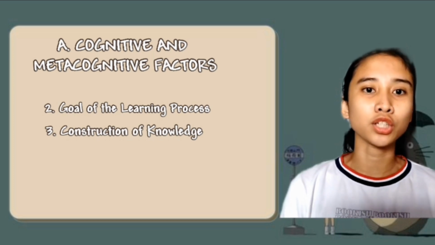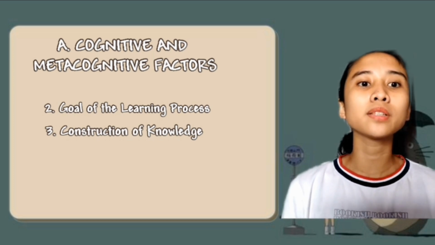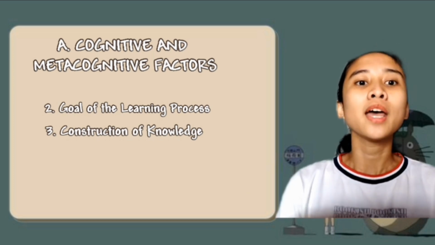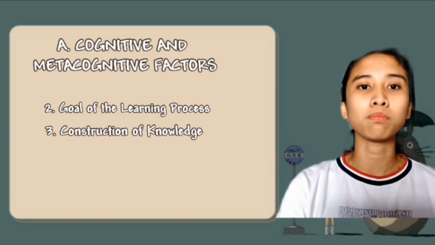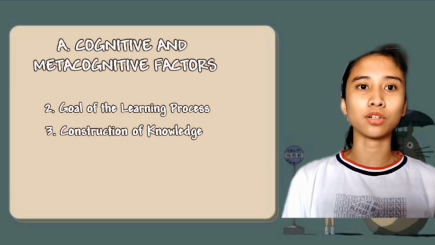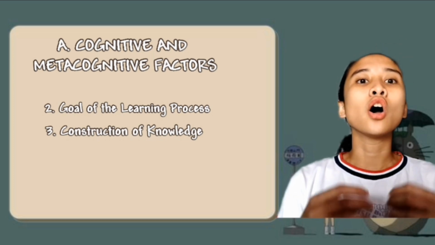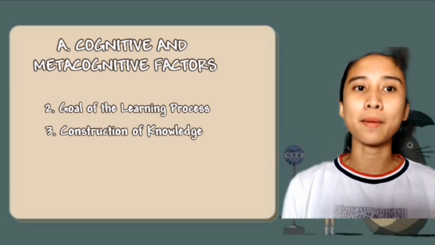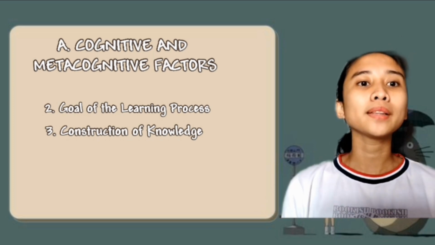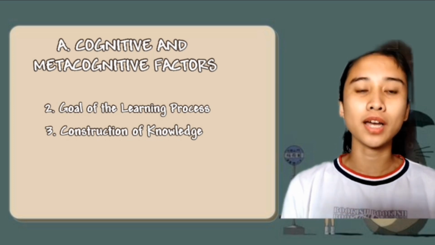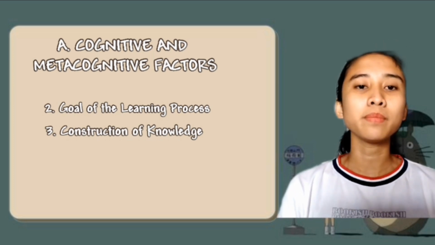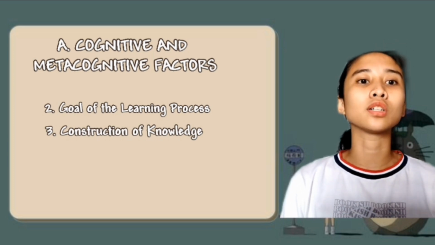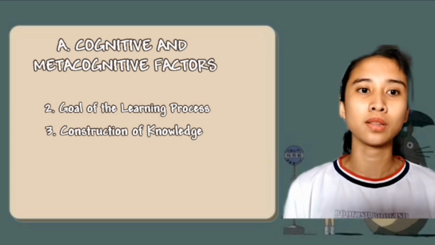Without this connection, knowledge remains isolated and hard to apply. Educators can help students organize knowledge by concept mapping or thematic organization. It means grouping related concepts to improve understanding.